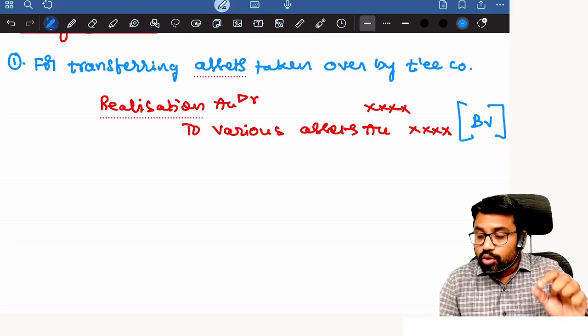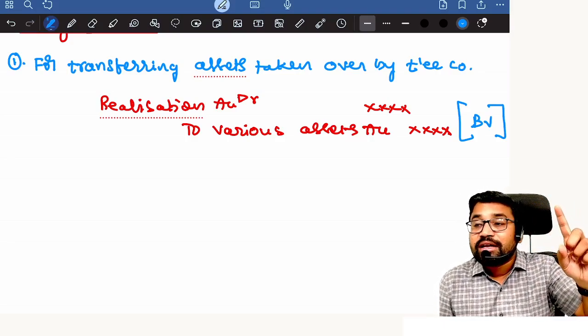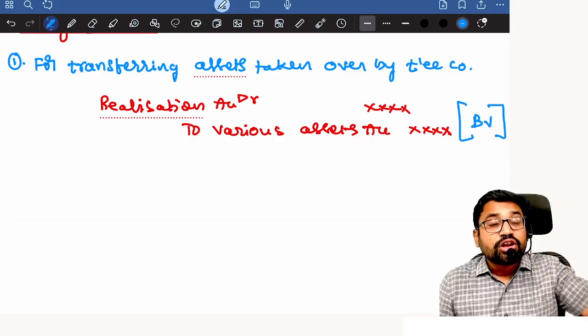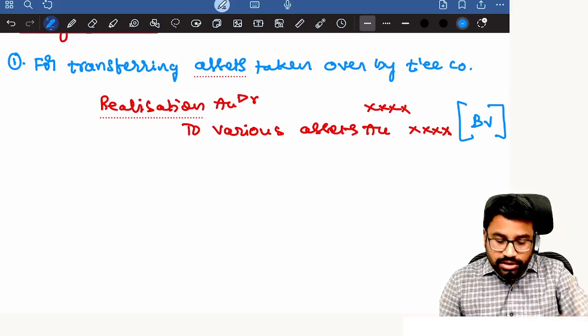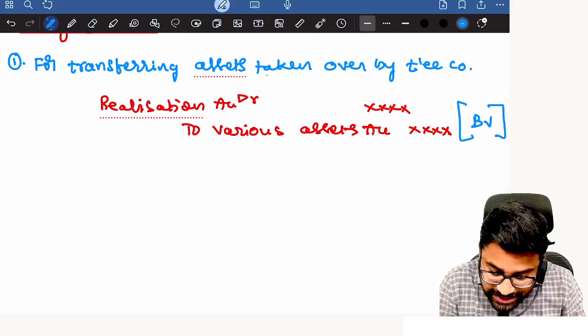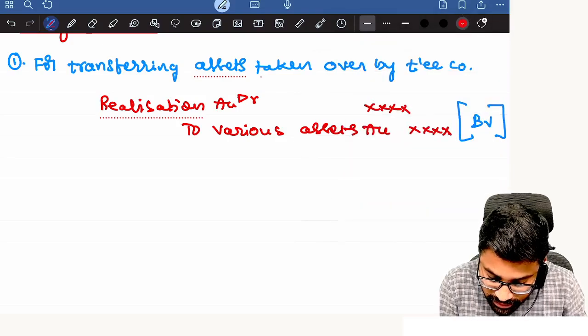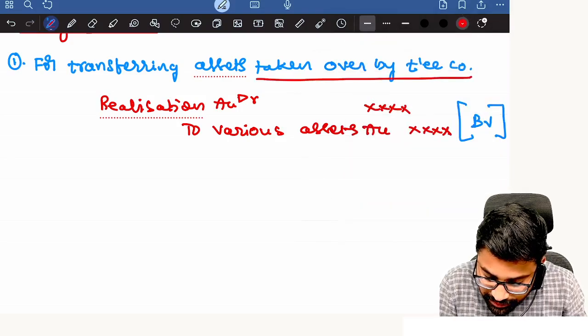So here we are closing only assets which are taken by transferee. Assets which are not taken over will be sold. That entry we will write separately. This is only for transferring assets taken over. Important. Taken over by transferee company.